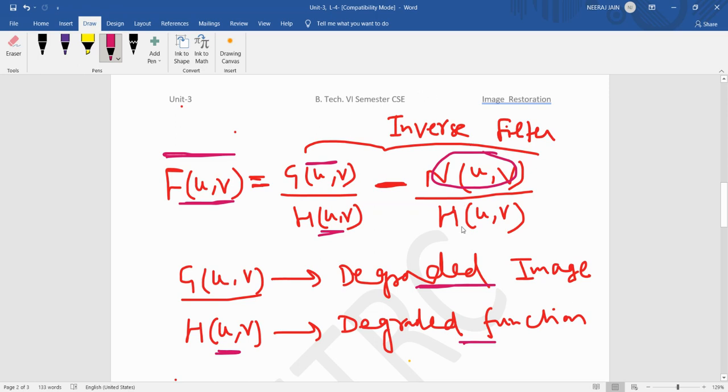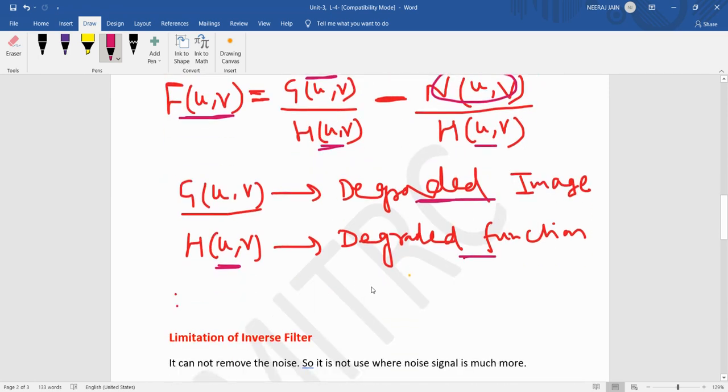If we take it in discrete form, then H(u,v) will be in matrix form. Suppose the parameters in matrix form are like 3, 2, 4, 1, 5, 7.